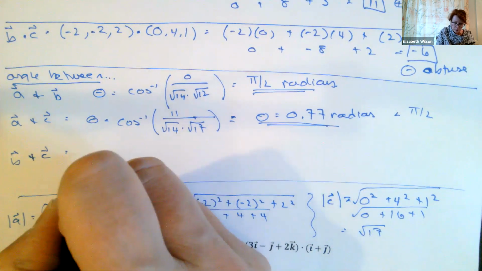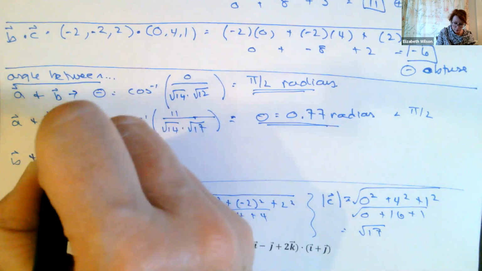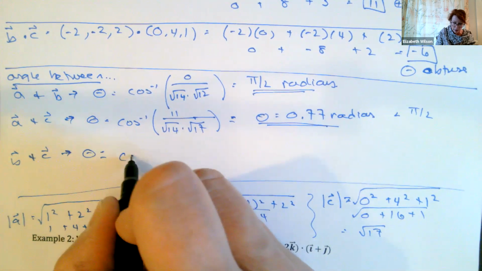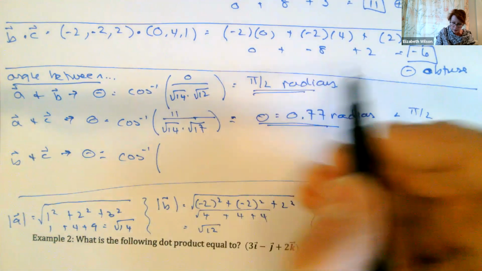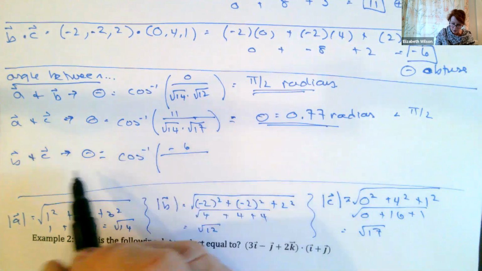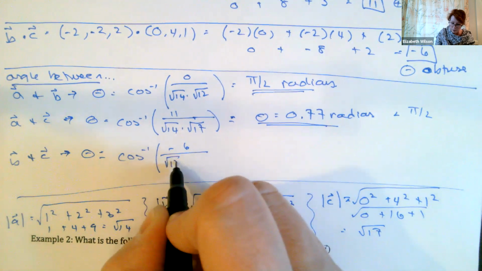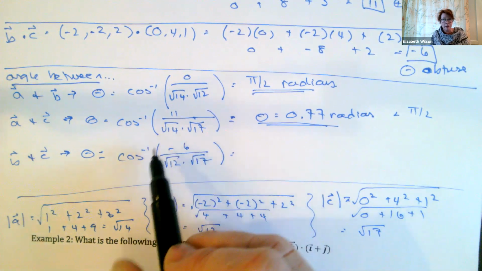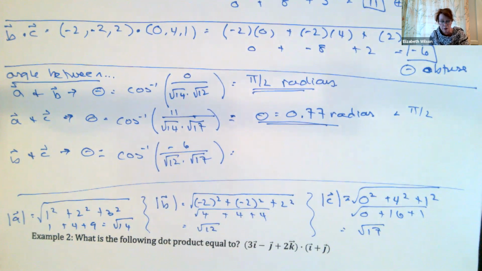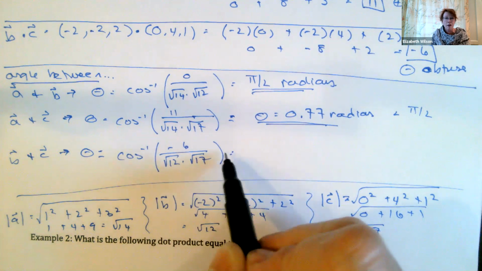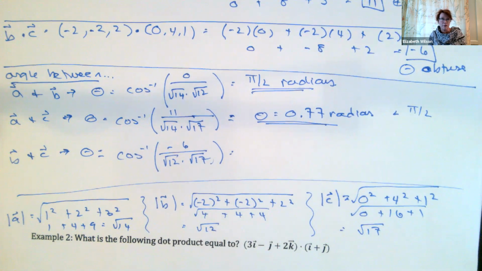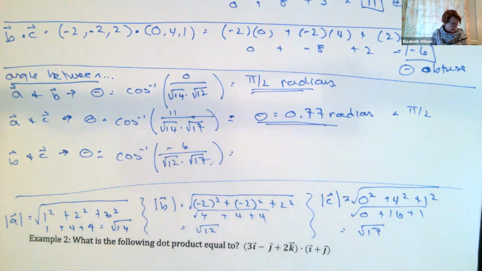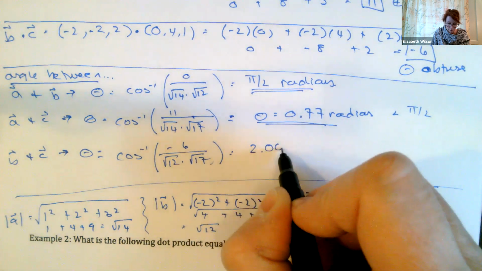So theta equals inverse cosine of, I'm going to take my dot product, minus 6, all over the magnitude of B times the magnitude of C. I'm going to plug this all into my calculator. Make sure, like I said, you watch out for your order of operations. Make sure you have little mini parentheses here, so you can actually multiply radical 12 times radical 17, divide that product into minus 6, and then you're going to get, let's see, when I did B and C, I got 2.004 radians.